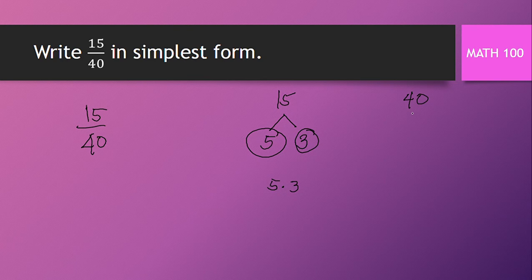Now, next, we go for 40. 40 here can be broken down into 4 times 10. And notice 4 and 10 are not prime, so we can just branch this out. 4 can be broken down into 2 times 2, wherein the 2 is prime and the other 2 is also prime. And the number 10 can be broken down into 5 times 2.